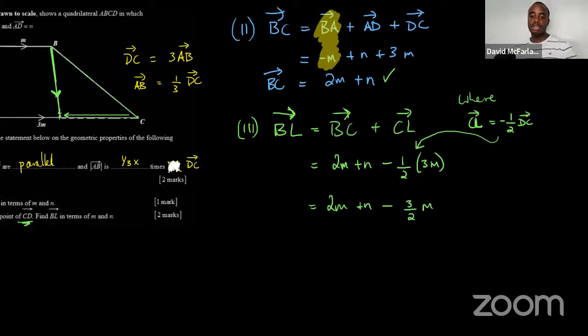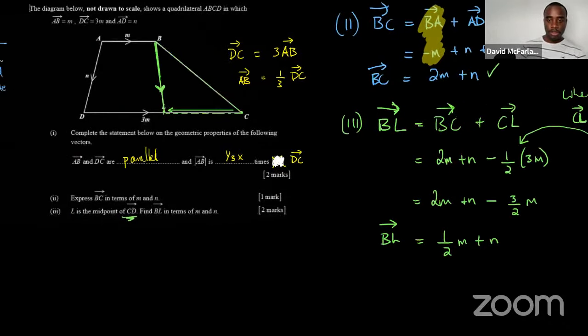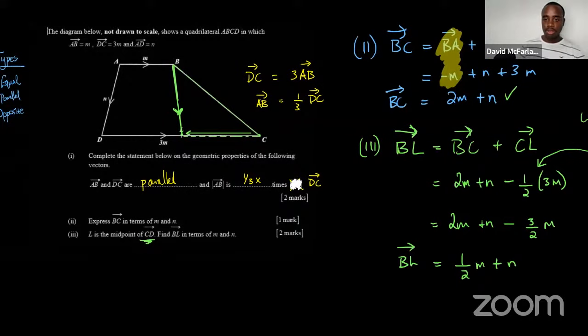So 2m plus n minus 1.5m. 2 minus 1.5 is a half. So that's just a half m plus n. And that is what the vector BL would be equal to. All right. So those are our values for BC and BL.